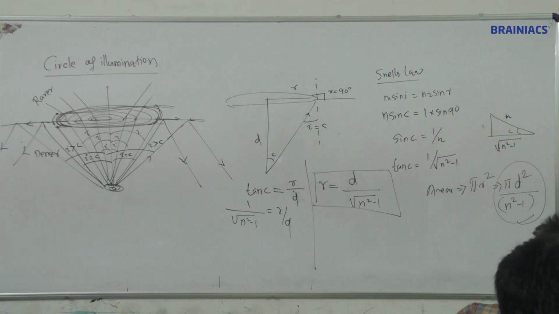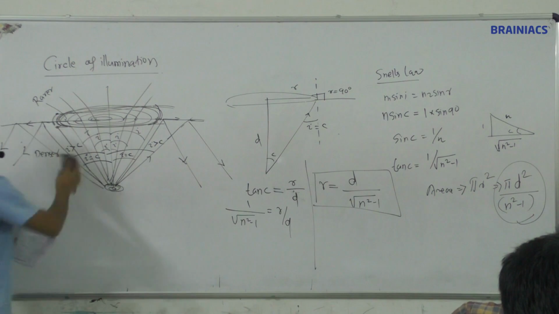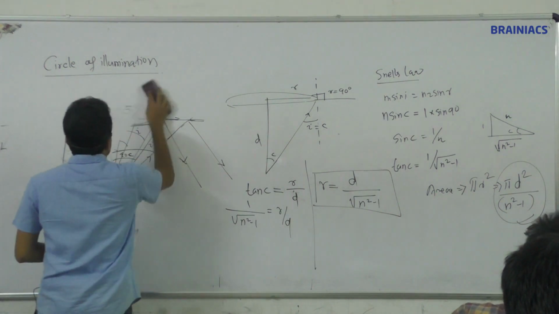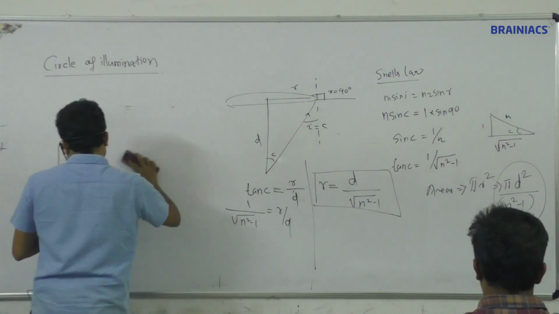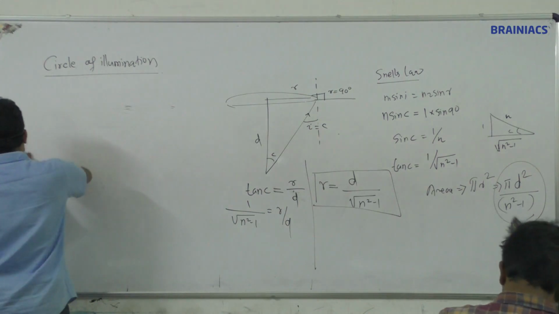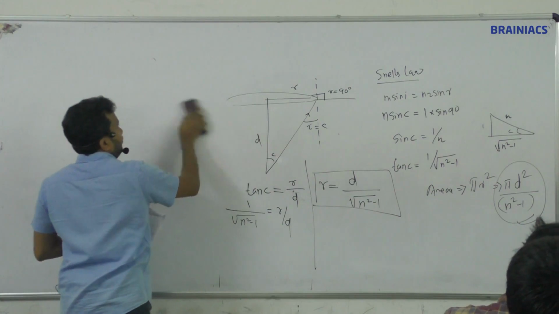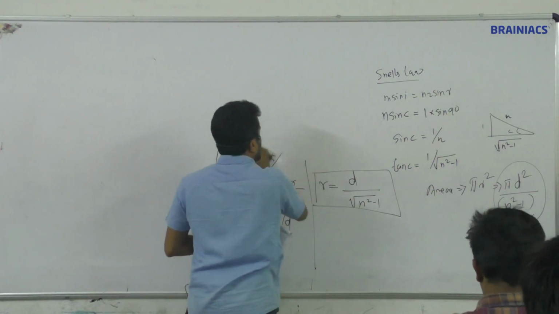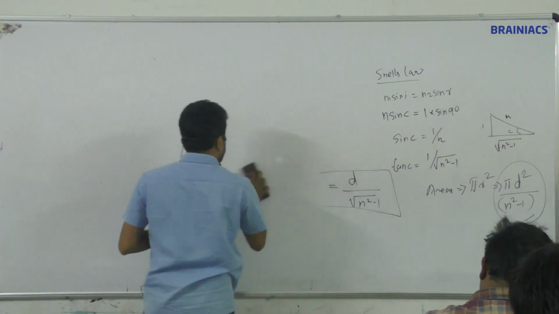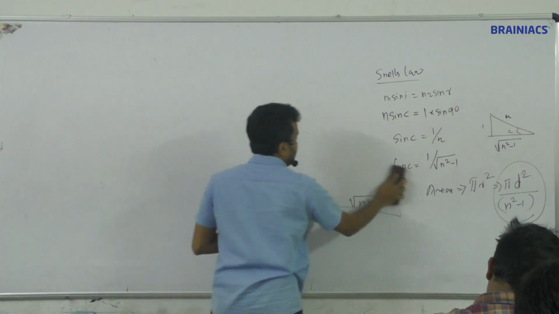Okay, then write one question. A point source of light is placed below a glass slab of refractive index 5/3.